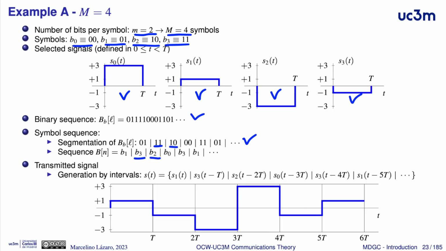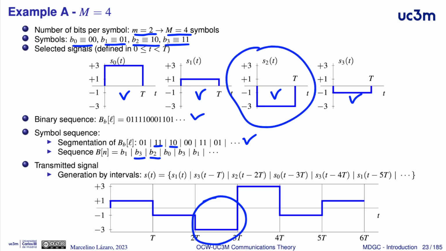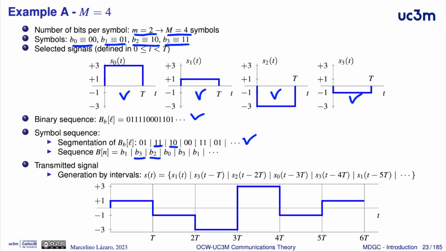This is B2. Therefore, the signal that is transmitted in the associated symbol interval, in the third interval, in this case, is S2, because this is the signal associated to B2. And this process is repeated symbol by symbol.